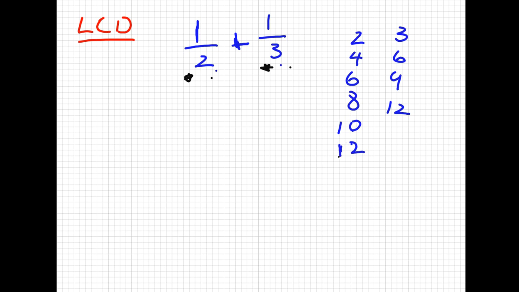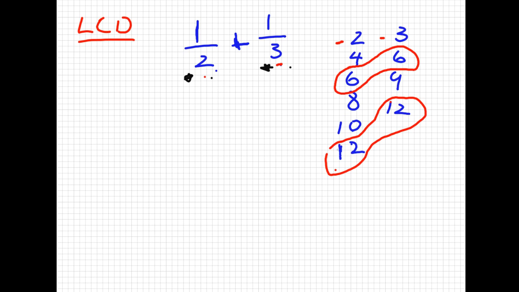Look, now we've worked out that for 2 and 3 we have some numbers in common. We have 12, where 2 times 6 is 12, and 3 times 4 is 12, and we also have 6.